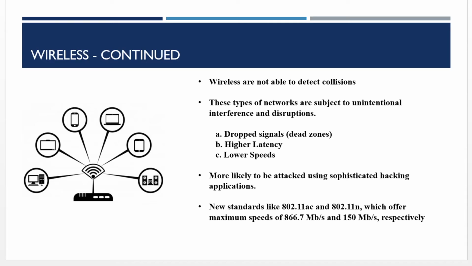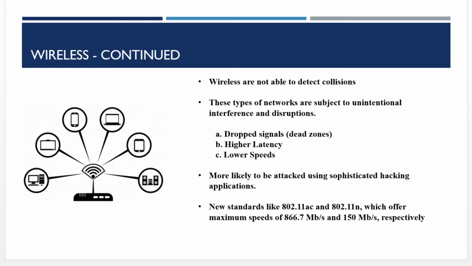As we continue, wireless networks are not able to detect collisions. These types of networks are subject to intentional interference and disruptions, dropped signals, dead zones, higher latency, lower speeds, and are likely to be attacked using sophisticated hacking applications such as war driving.